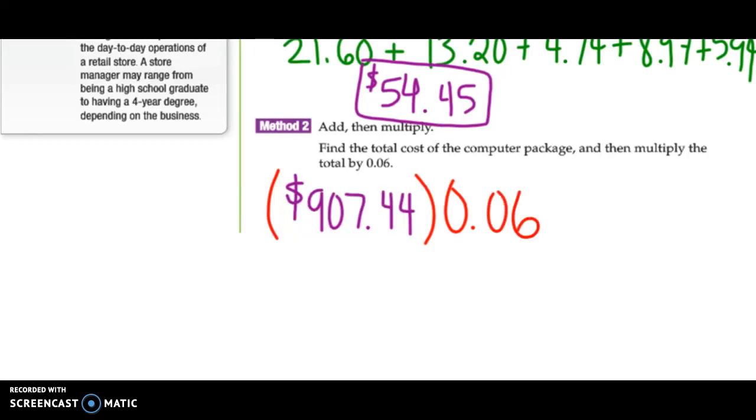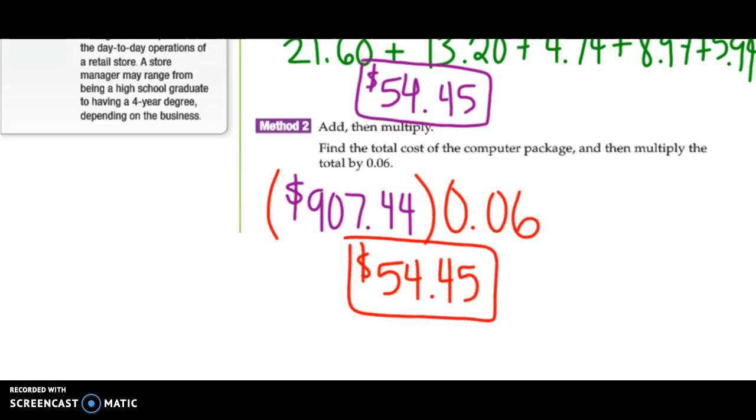So I go to my calculator and do 907.44 times 0.06, and I get 54.45. So it's the exact same amount. It doesn't matter if you multiply them all first and then add them, or if you add them all and then multiply. They're both going to give you the exact same answer.